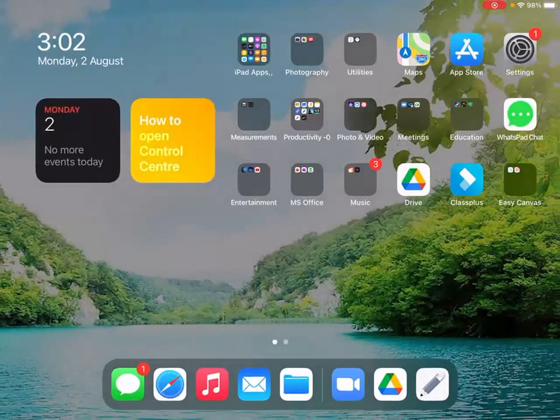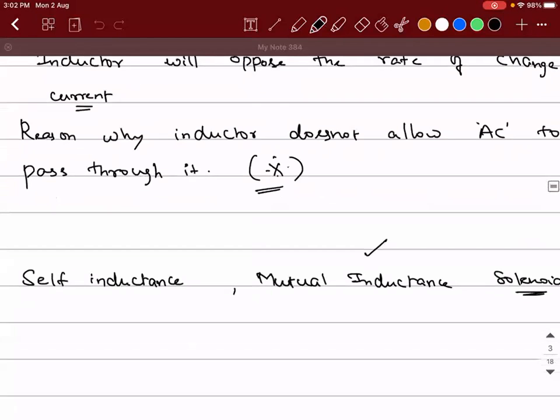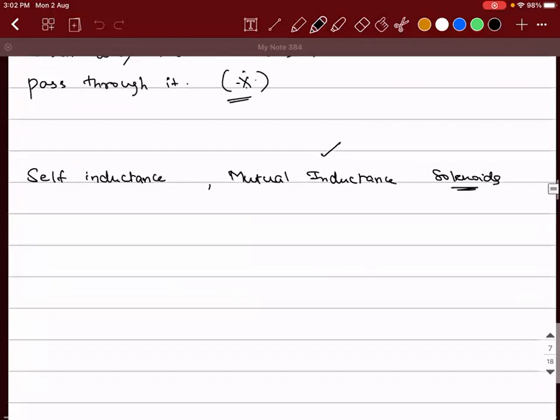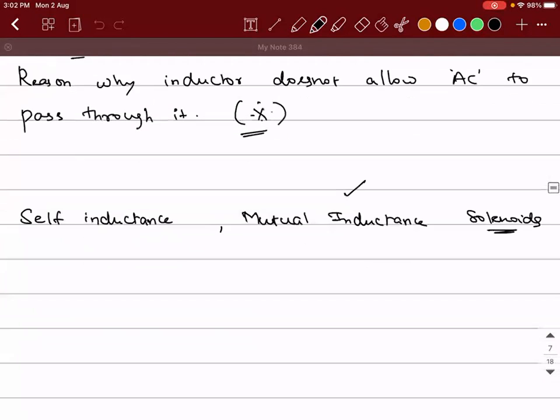We started with the significance of inductance. Yes. So I explained the significance of inductance, right? Then I told you I'll explain self-inductance and mutual inductance of a solenoid. Right.